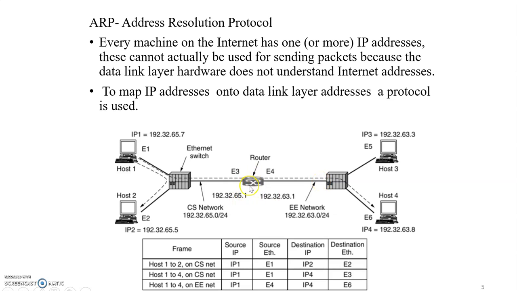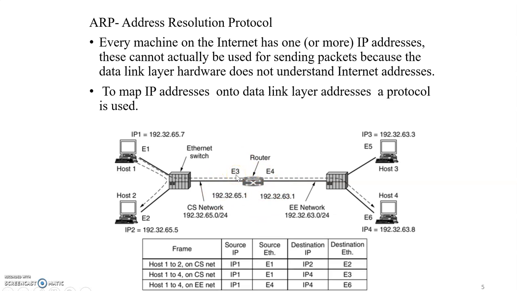In case of the EE network, the network address is 192.32.63.0, and host 3 and host 4 have the IP addresses 192.32.63.3 and 192.32.63.8 respectively. Again, here the Ethernet addresses are E5 and E6 respectively. The router also has IP addresses and Ethernet addresses as shown in the figure.